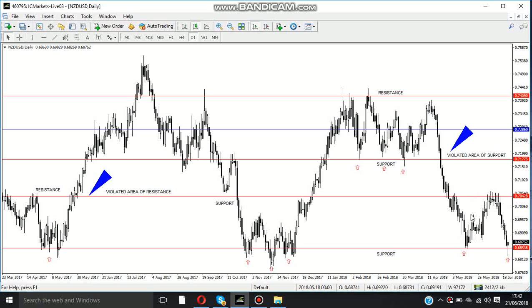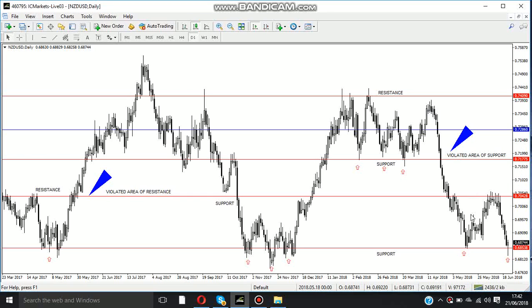So for example, if you wanted to short this or sell the Kiwi, the NZD USD, then you probably want to wait for it to get to a strong area of resistance, simply because it's a price level that was used previously, and there's a good chance of it having the same reaction as it did before, and vice versa.